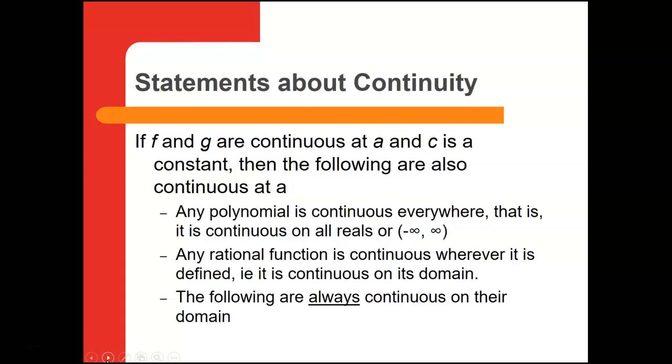And then square roots are always continuous on their domain. So down here, it's talking about other types of functions. A radical function is always continuous on its domain. An exponential is continuous on its domain. And a logarithm is continuous on its domain.